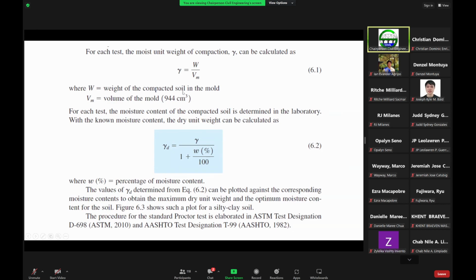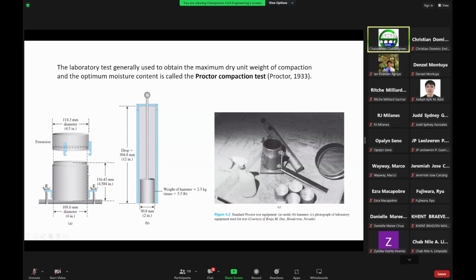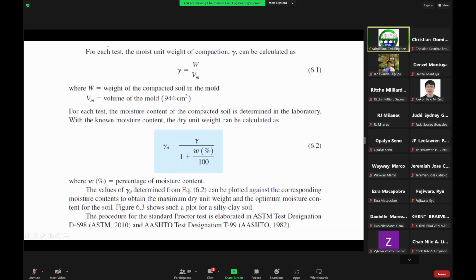In this case, the calculated volume is about 944 cubic centimeters. That's basically this one here, the diameter, you get the area of this diameter multiplied by the height. That gives you the volume.